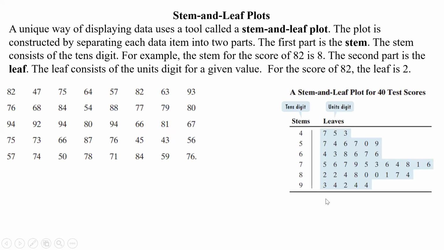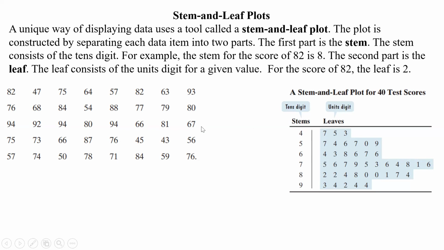Another way to represent data is called a stem and leaf plot. This is a unique way of displaying data, constructed from two parts. The first part is the stem, over here, and that's usually your tens digit, usually for 2-digit numbers. If you have 3-digit numbers, you have to decide whether the stem is the hundreds digit and the leaves are the tens and ones together, so you have to figure out what you're doing.